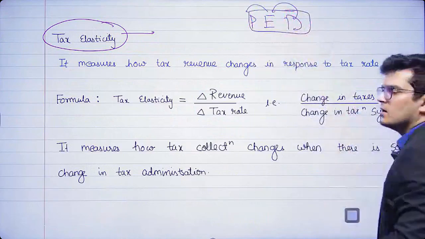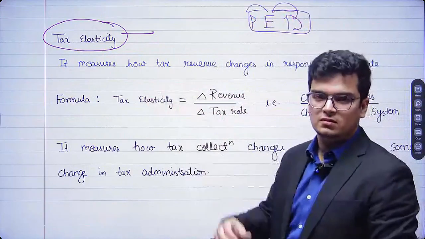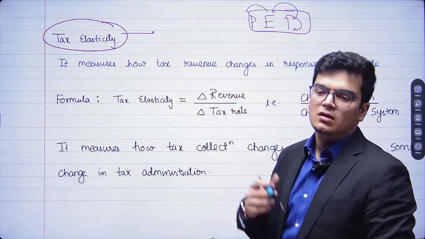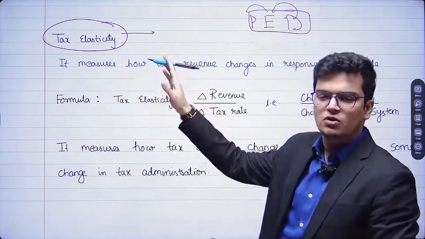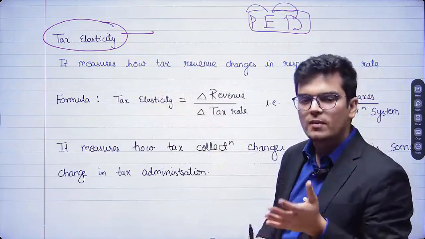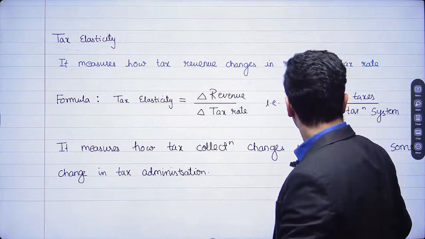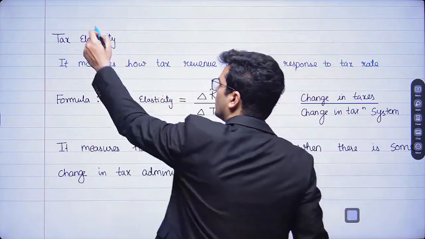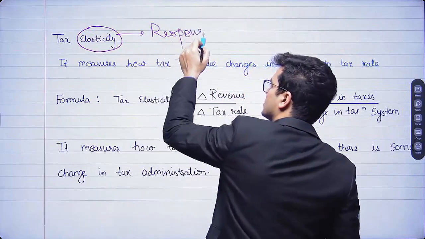Elasticity was simply responsiveness. Employment elasticity of growth: how does growth respond to employment or vice versa? Responsiveness is what we are checking. How does employment respond to change in growth? Tax elasticity is also a similar system, checking something called responsiveness.